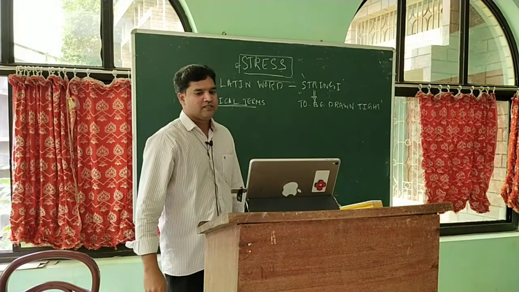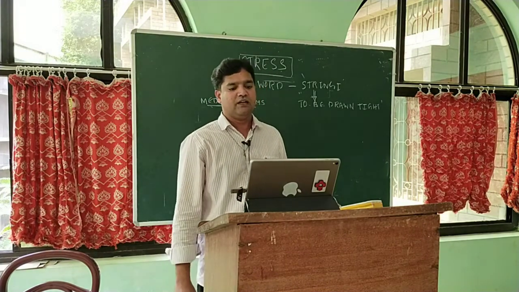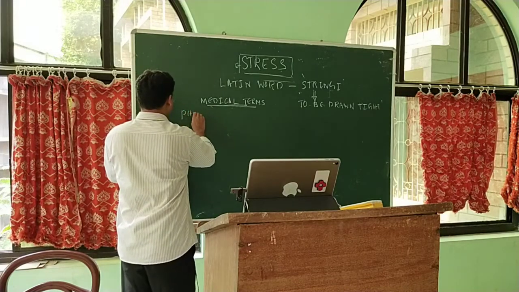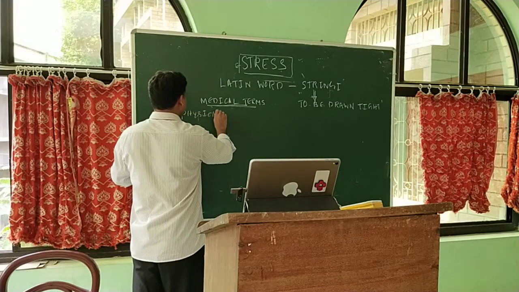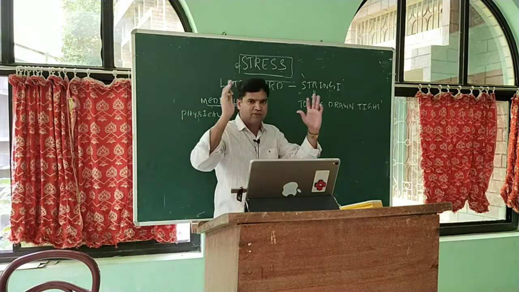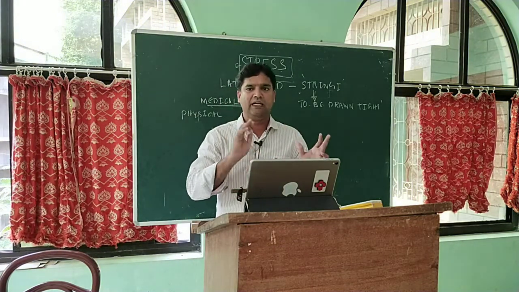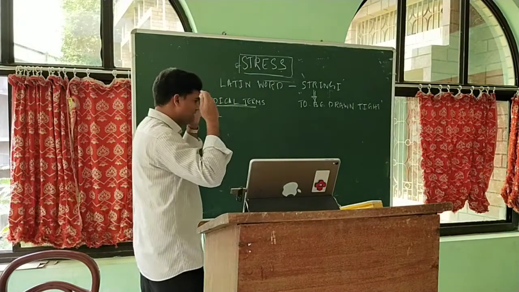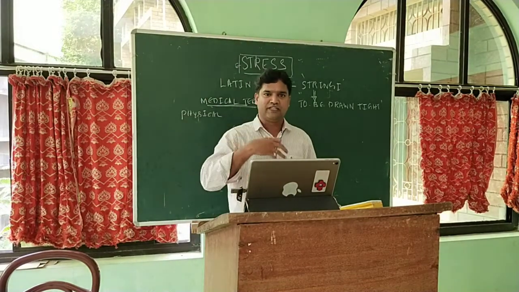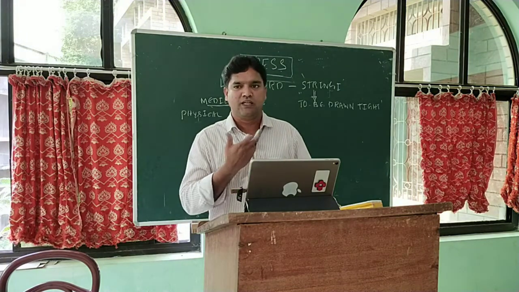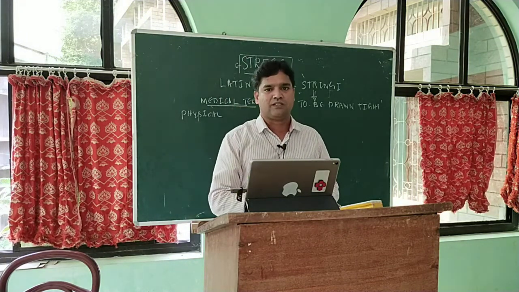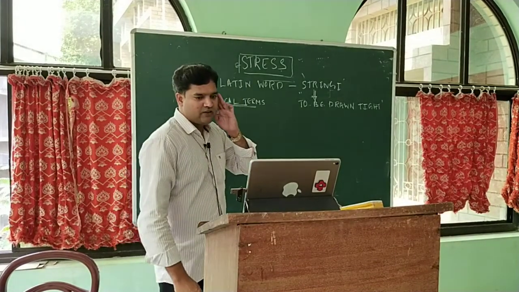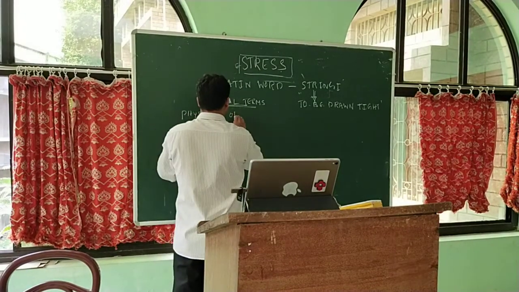Stress is physical and psychological, so always connecting both mind and body. We have been seeing from the beginning that there is always mind and body coordination, mind and body collaboration. Whatever happens in the mind affects the body, and whatever happens in the body will have its impact on the mind. So that is what we understand by physical or psychological stimulus.